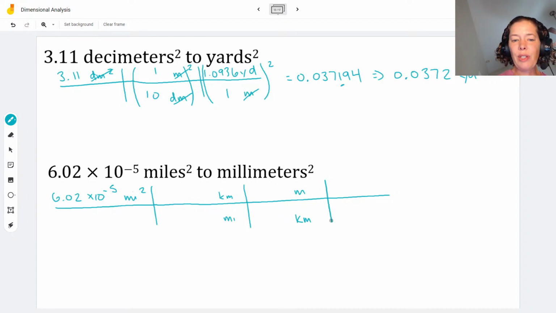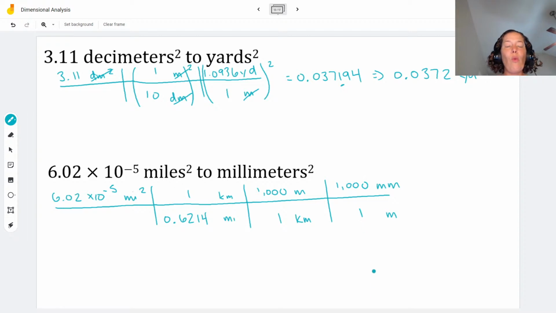And then I'm going to go to my final unit, my millimeters, so meters to millimeters. Okay, let's get some numbers in and then we'll deal with our squared. So this was 1 kilometer to 0.6214 miles. And then of course there are 1,000 meters in 1 kilometer. And there are 1,000 millimeters in 1 meter.